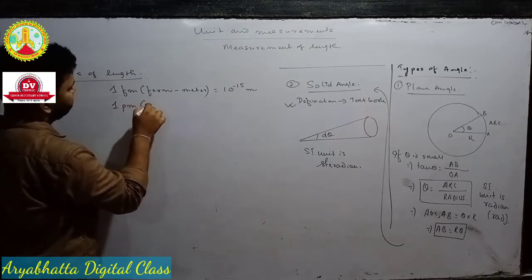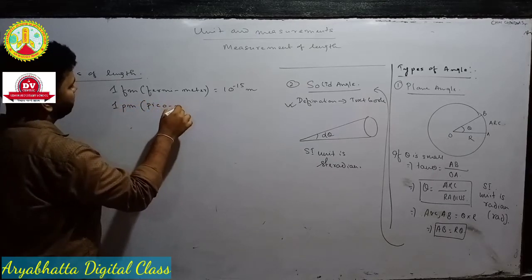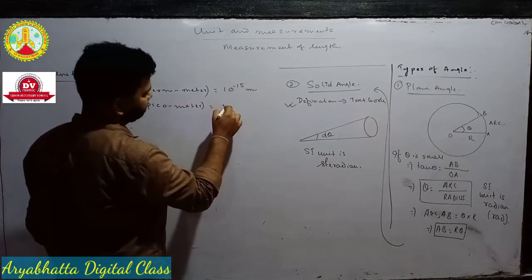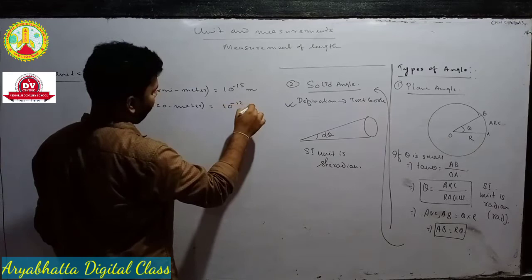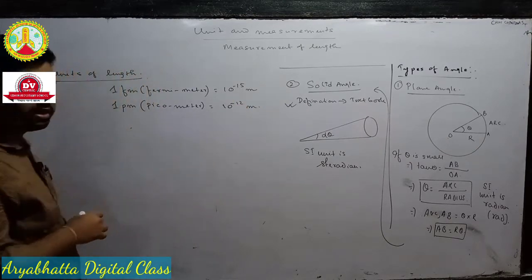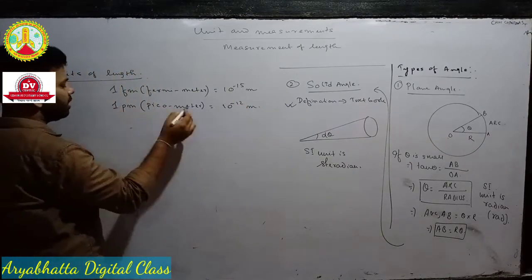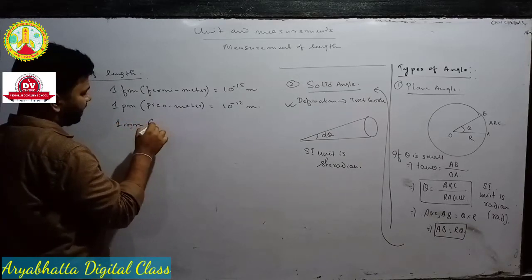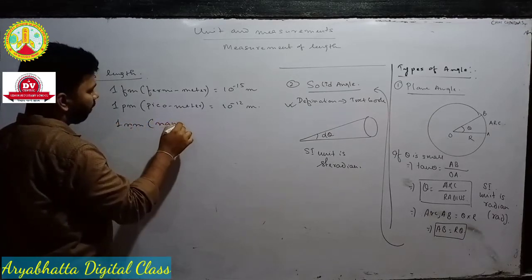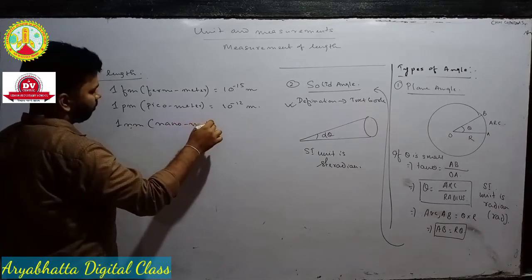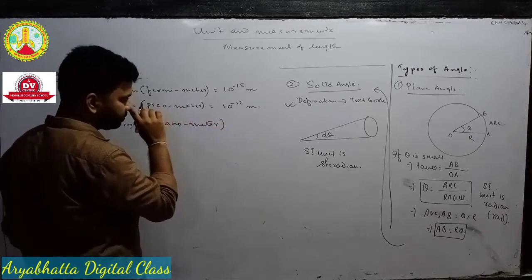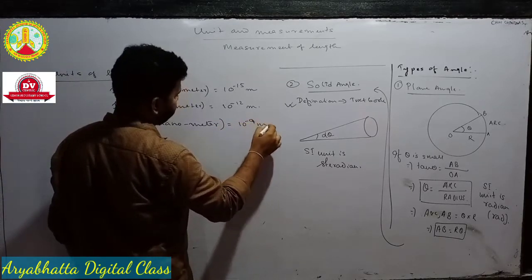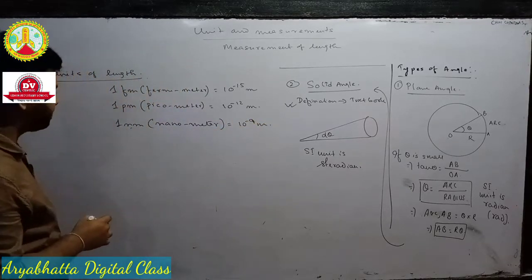Remember, 1 picometer, PM. PM means picometer. This is 10 to the power minus 12 meter. These are smaller units of length. 1 nm. Nm means nanometer. This is 10 to the power minus 9 m.